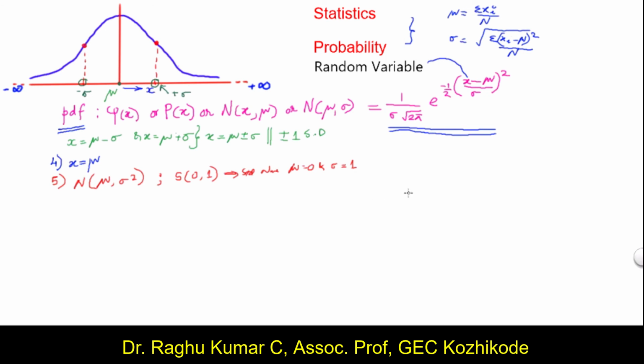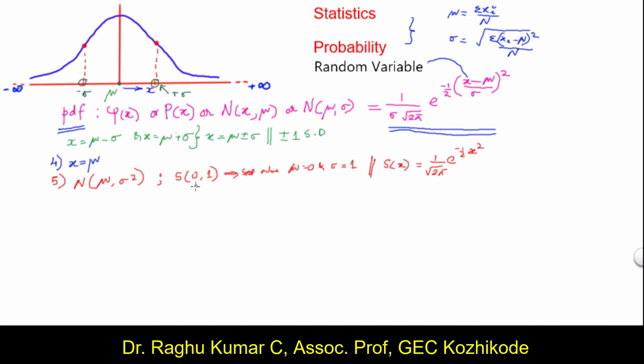You can write this expression, which is already known. I have written it here. The expression for S, or the standard normal, S of x or P of x, whatever you write, is given by 1 by root 2 pi e raised to minus half x square.